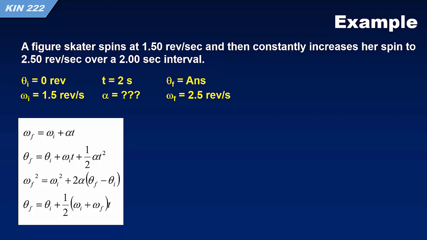If we have all those pieces of information, we're really looking for that final angular displacement. And if we look at our four equations that we have available to us, all of them except that last one have angular acceleration explicitly in them, but this last one doesn't. So it looks like we have everything else that we need for that. We're looking for final displacement. We have initial displacement.